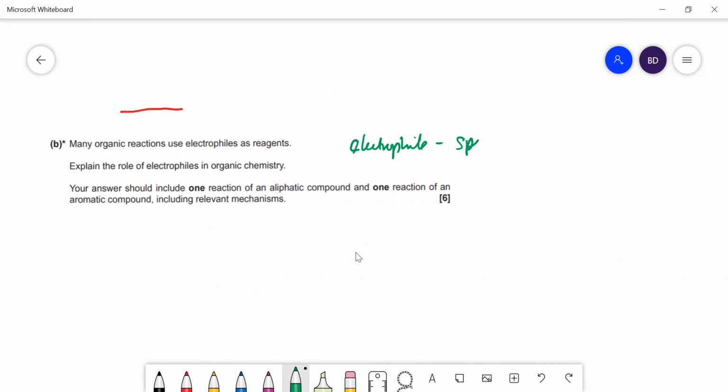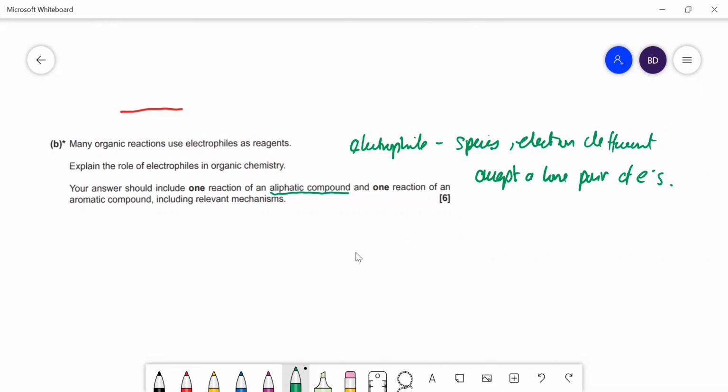Species which accepts a lone pair of electrons. It's electron deficient. It's going to accept a lone pair of electrons. Right, let's do this one, an aliphatic compound.